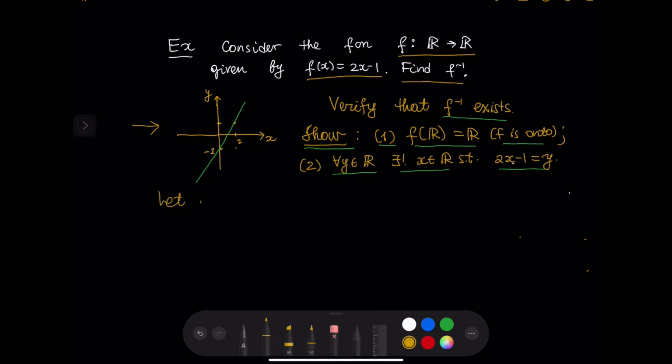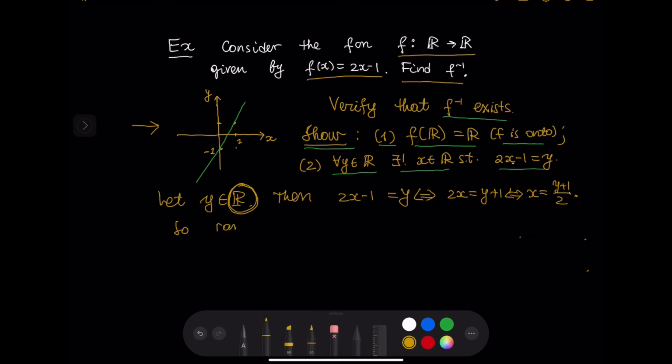So let y be a real number, then 2x minus 1 is equal to y if and only if 2x is equal to y plus 1, which is true if and only if x is equal to (y plus 1) over 2. So what does this show? It shows that the range of the function f is equal to R, so that verifies condition 1.